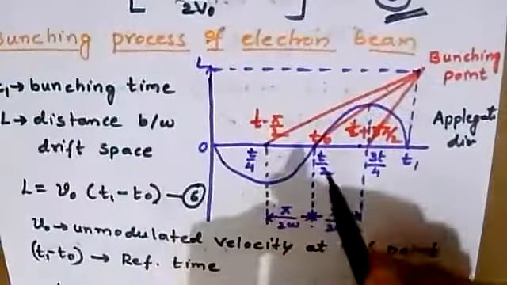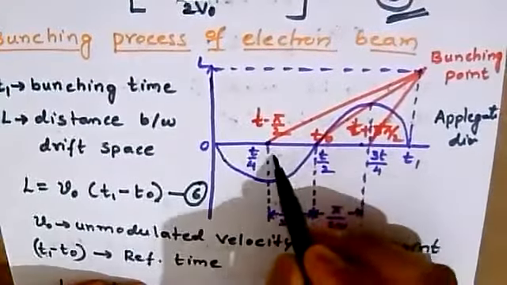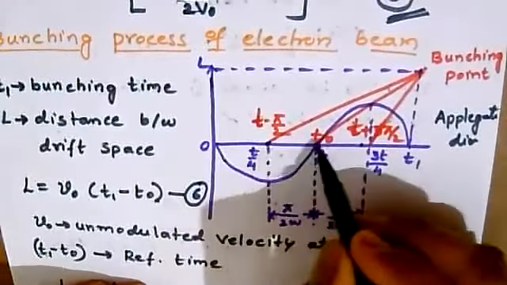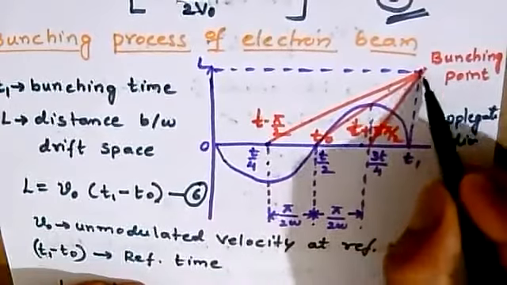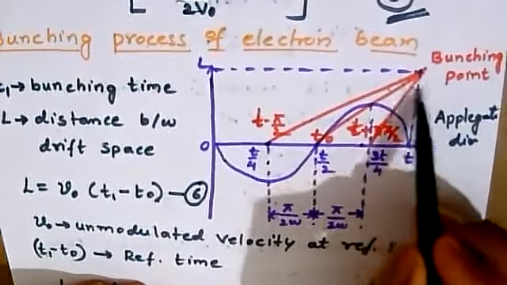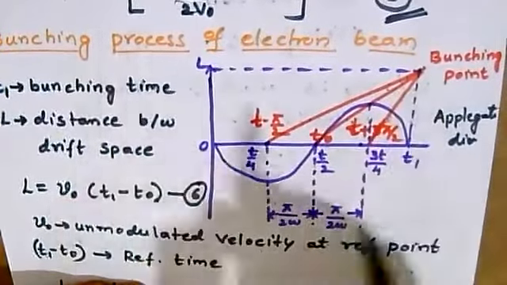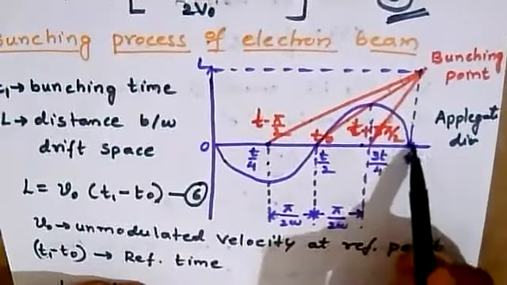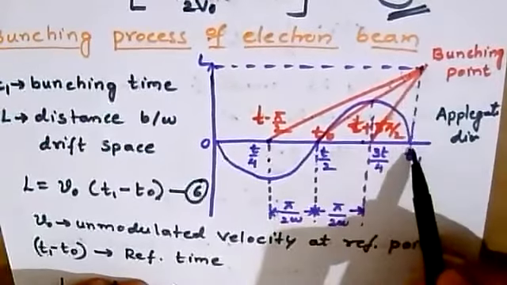In the different cases, the electrons will be decelerated, no change, and accelerated, and the three will form a bunch here. This is called the bunching point, and T1 is the time at which the bunching is taking place.